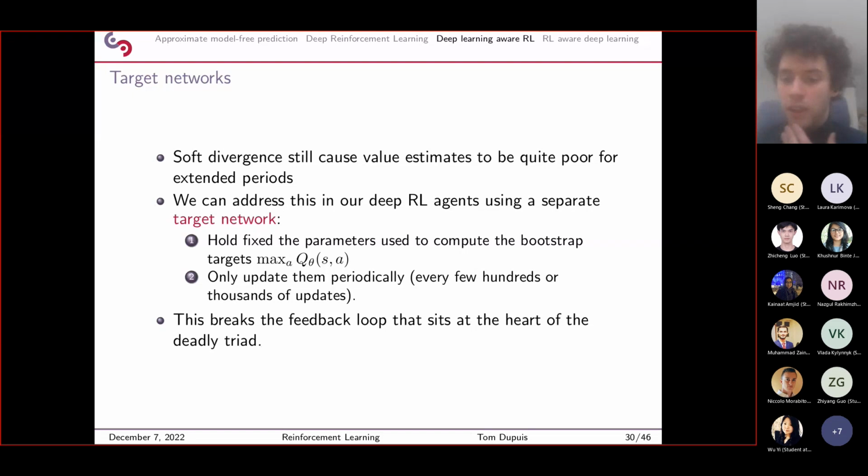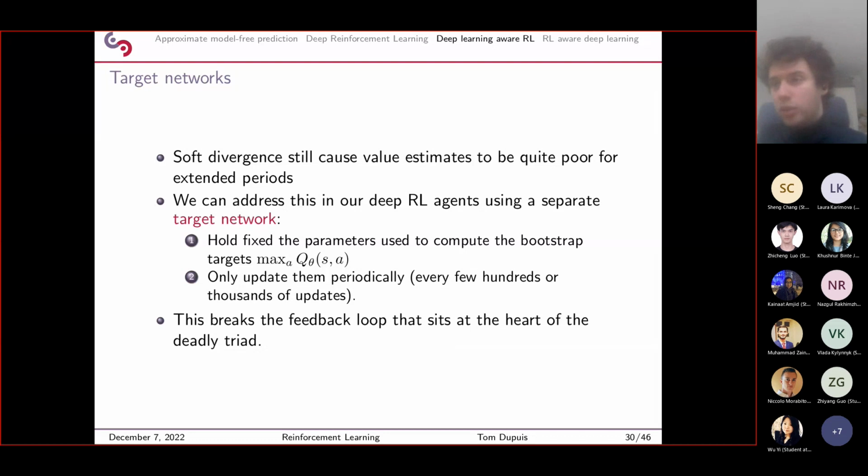And that's already what I hinted: instead of only using one neural network, you use two, with the same architecture, but one you optimize, and the other one you only use to compute the target of the Bellman residual error, your loss in the Deep Q-Network. So for this target network, you hold the parameters fixed to compute the bootstrap targets, and you only update them periodically, for example every few hundreds or thousands of updates, for example by just copying the parameters of the first network.